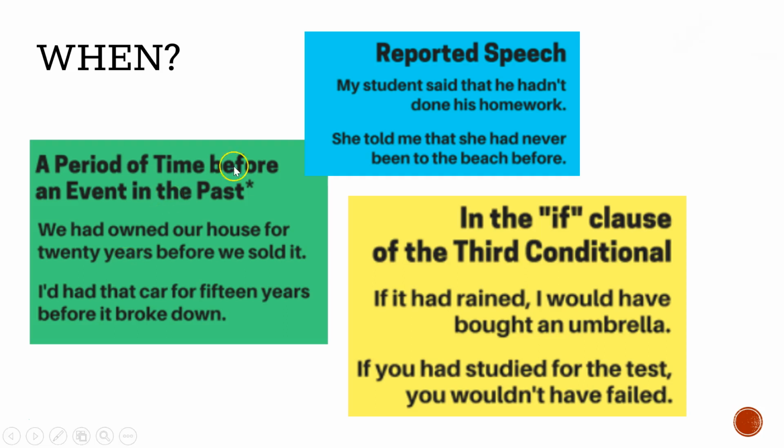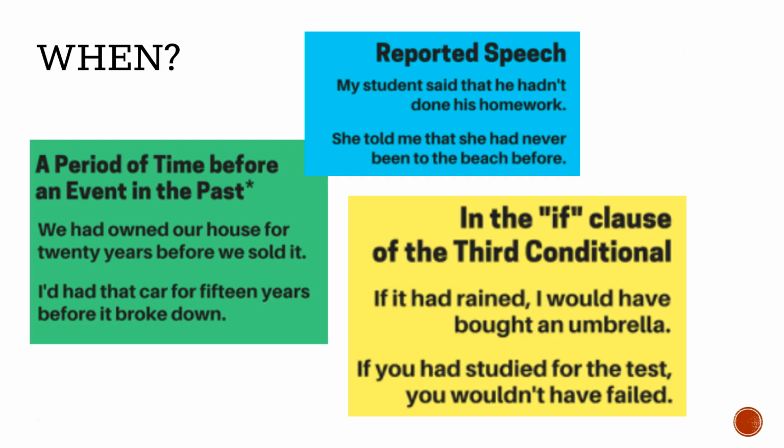As such, you use the past perfect tense to indicate the period of time. Similarly, for the second sentence, I had that car for 15 years before it broke down. Thus, the past perfect tense is used to indicate the time period of 15 years that you had the car before it actually broke down.